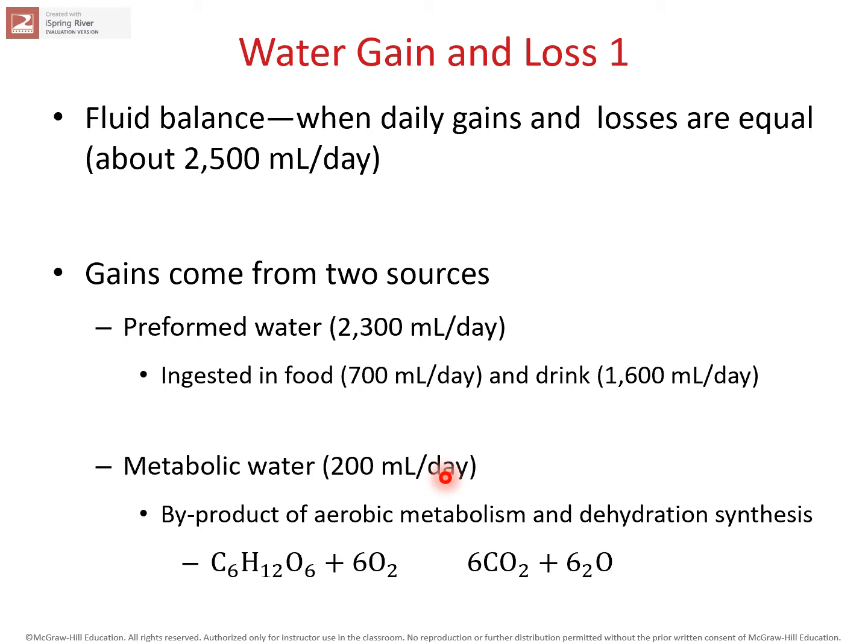Which is also known as water due to metabolic products. When we make ATP, oxygen is the final electron acceptor, so cellular respiration actually produces water as well, right? So we also constantly lose water throughout the day.